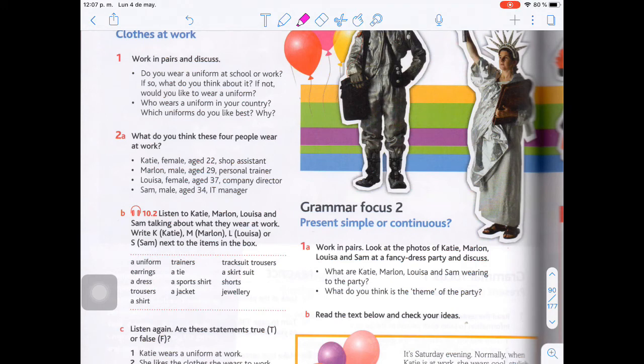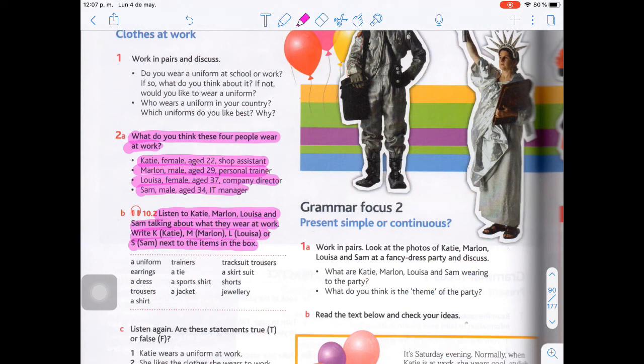It says, what do you think these four people wear at work? So this is the information about each of the persons in the exercise. And then you're going to listen to these people, and they are going to tell you what their job is and what they do and what they wear in each of their jobs.